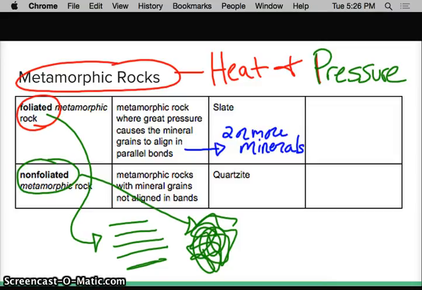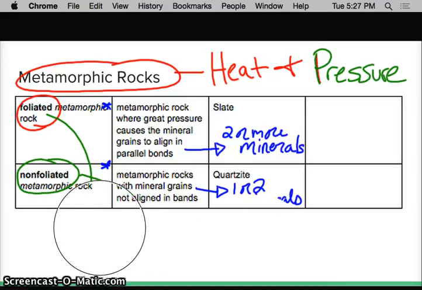The other thing then to understand is that non-foliated rocks, or rocks that are more mixed up, will tend to have 1, perhaps 2 minerals within it. Now, the other big distinction I want to make for you is that both foliated and non-foliated metamorphic rocks are going to have intense heat and pressure, but foliated metamorphic rocks are actually going to have a little bit more intense pressure, which then causes their 2 or more minerals to align in bands.